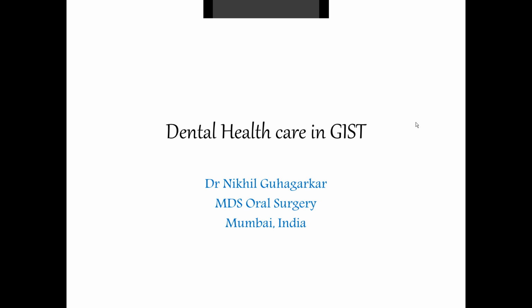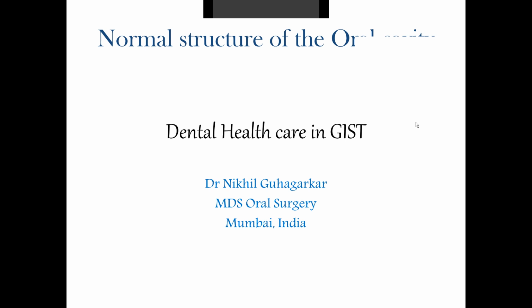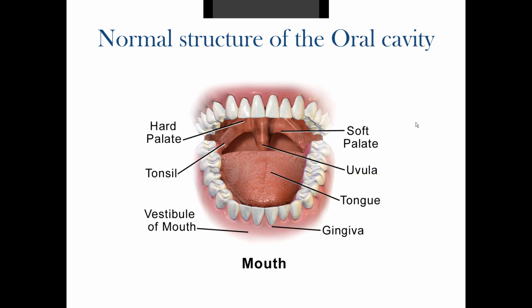A mouth consists of two major types of tissues. One is the hard tissues, namely tooth and bone. Second is the soft tissues, namely oral mucosa, gingiva, tongue, soft palate, and uvula. Gingiva is the mucosal tissue surrounding portions of the upper and lower teeth and bone.